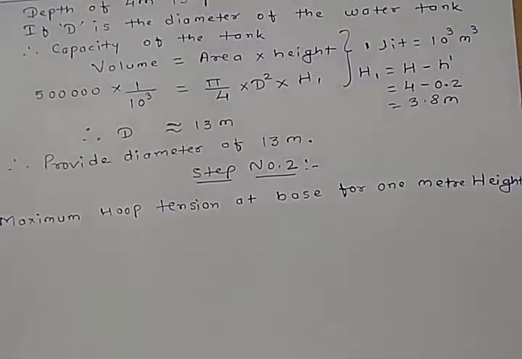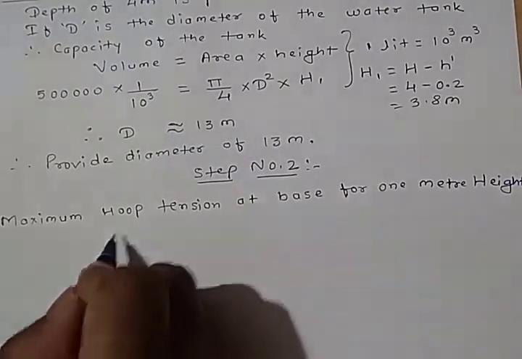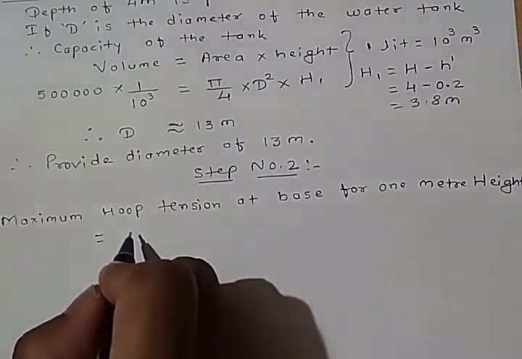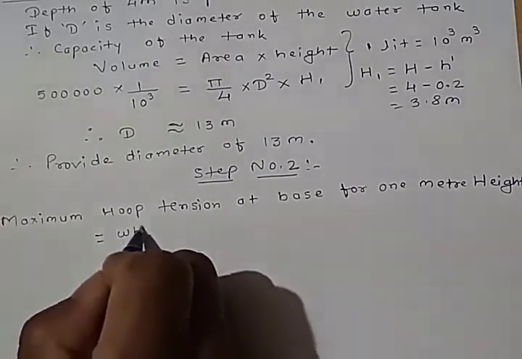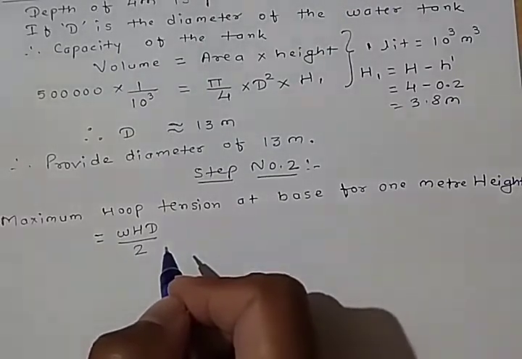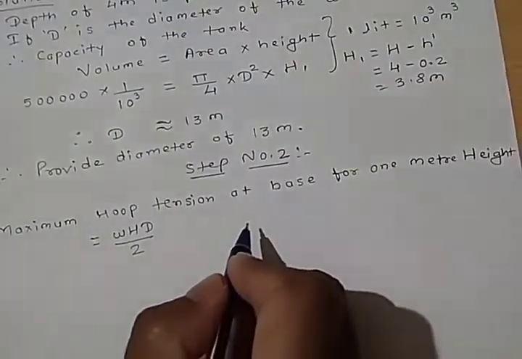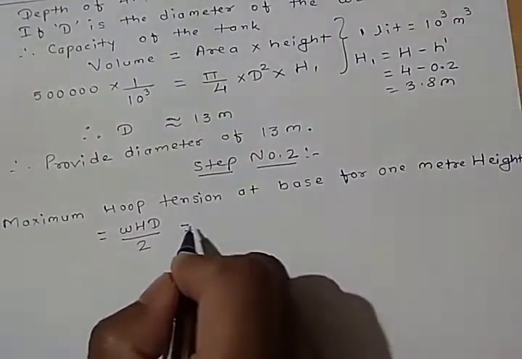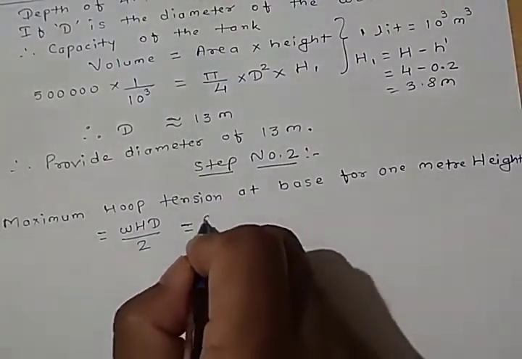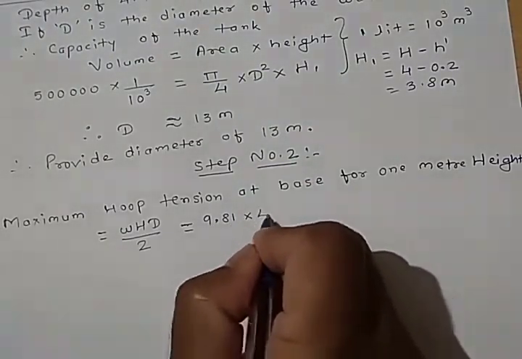This is equal to, as we have seen in the earlier videos, the maximum hoop tension, which is going to be WH into D by 2. So WH into D by 2 is for the maximum hoop tension. W is 9.81, H we know is 4, and D we have calculated as 13.